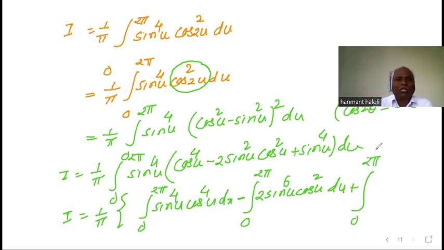Here sin raised to 4 and here also sin raised to 4, we get sin raised to 8u du.